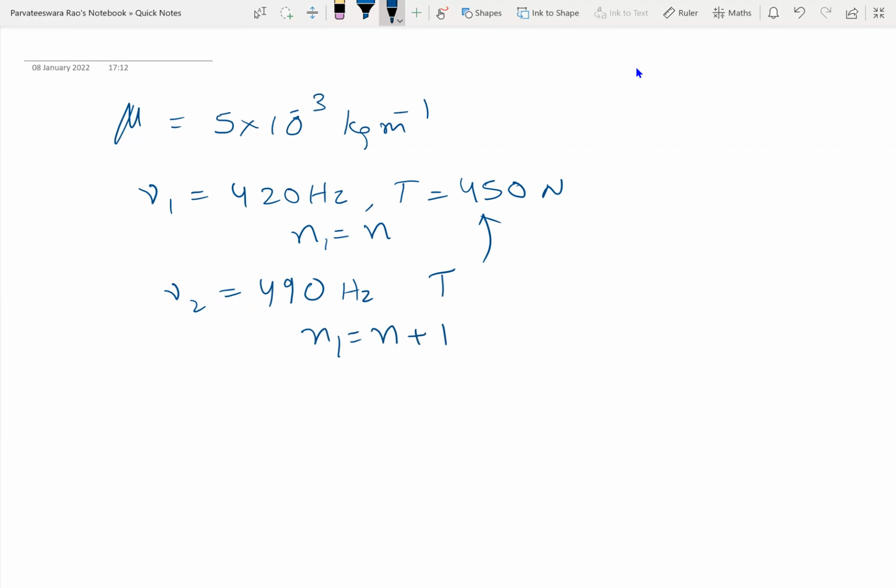So we have a formula: nu is equal to n by 2l into root of T by mu. This is the first one. And second thing is, you're asked to find the length, correct? L2.